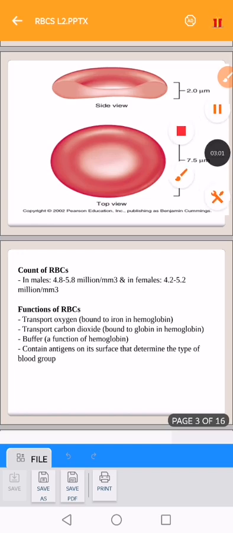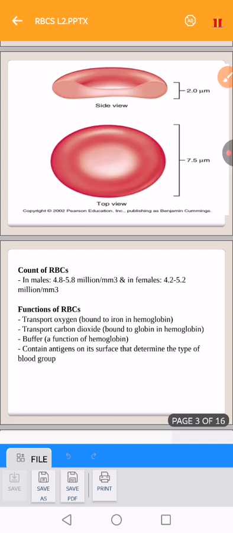The second function of the RBCs is buffering. We're going to discuss it in the renal system, in acid-base balance. So one of the functions of the RBCs is buffering, and this is also a function of hemoglobin. The third function of the RBCs is that they contain antigens on their surface that determine the type of blood group.